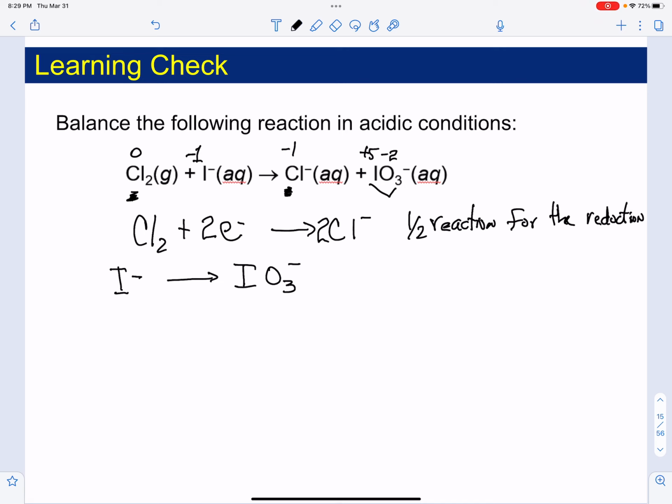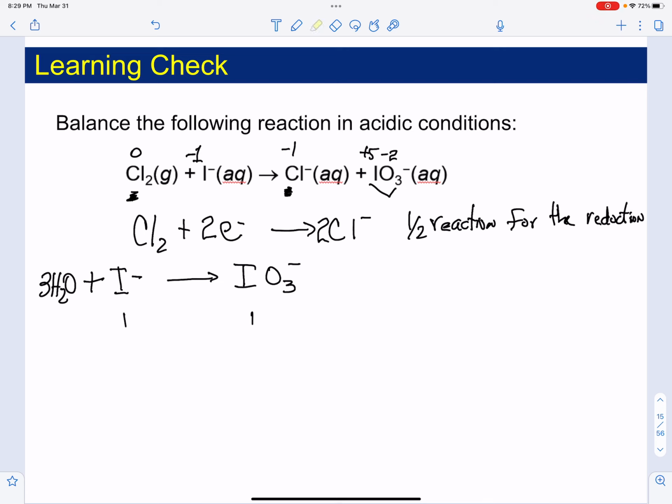So we're going to balance the iodine first. It's already balanced, 1 and 1. And there's 3 oxygens on the right side and no oxygens on the left side. So we're going to fix that by adding 3 water molecules. So we add oxygens by adding 3 water molecules.